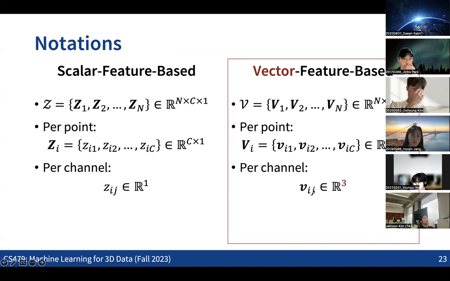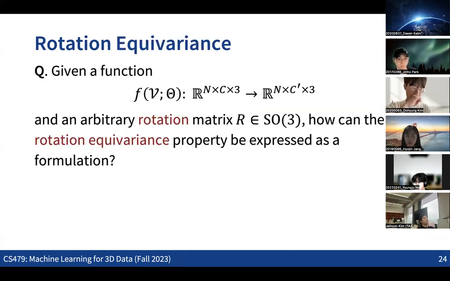If everything is clear, now the question is: let's think about a function representing a layer in the neural network, and say we want to apply an arbitrary rotation matrix R. As the input, we have N times C times 3 information: N points, C channels, and for each point and channel a three-dimensional vector.